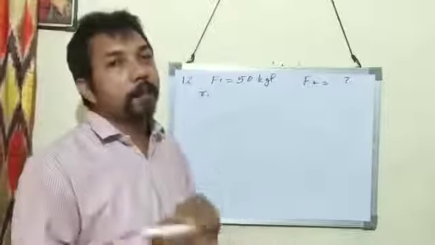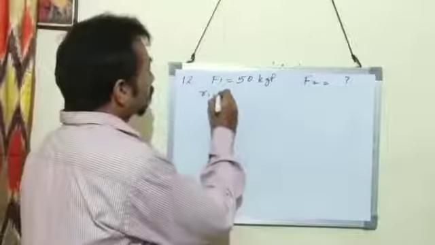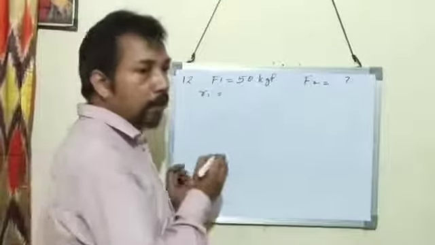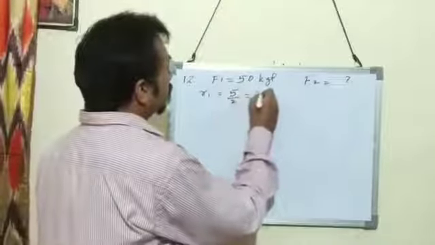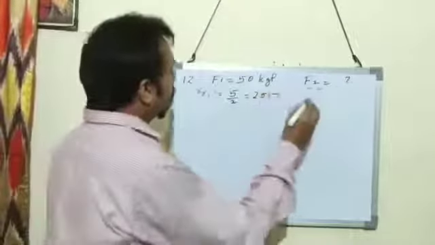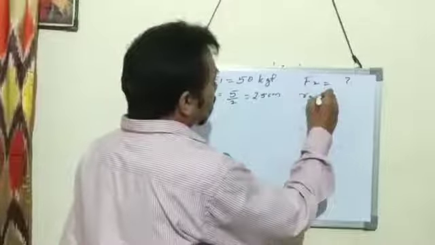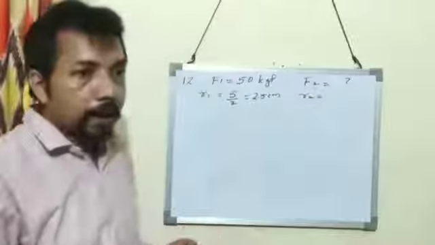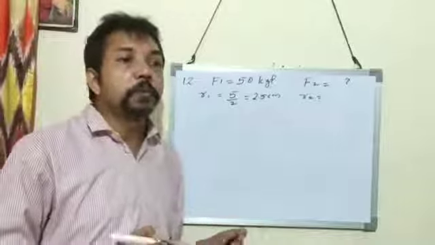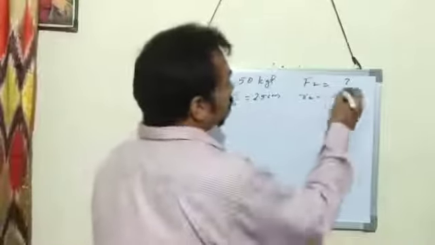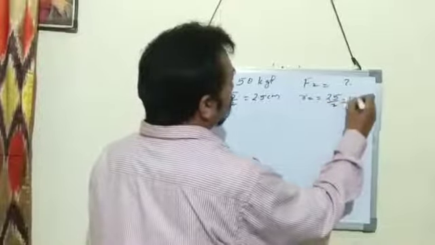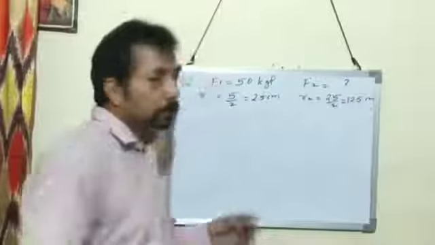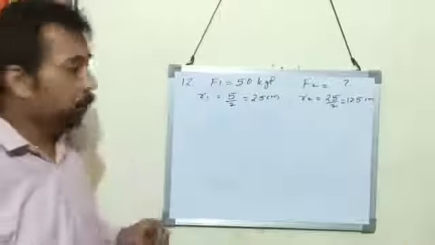The radius is half of diameter. The radius of the smaller piston, that is R1, is equal to 5 upon 2, 2.5 centimeter. And the diameter of the larger piston is 25 centimeter, so radius is its half, that is 25 upon 2, 12.5 centimeter. So this is the radius of the larger one.